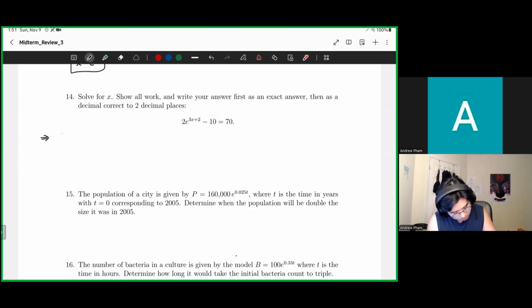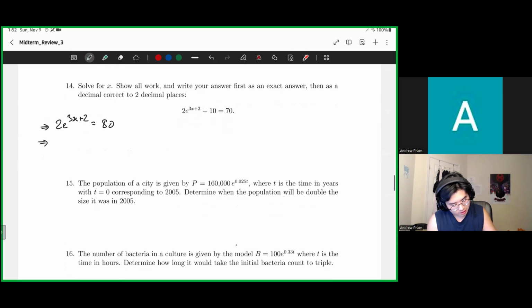So 2e to the 3x plus 2 is equal to 80. If I move that over, then I have e to the 3x plus 2 is equal to 40.